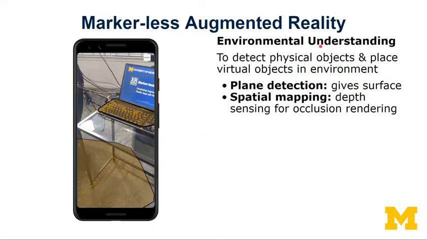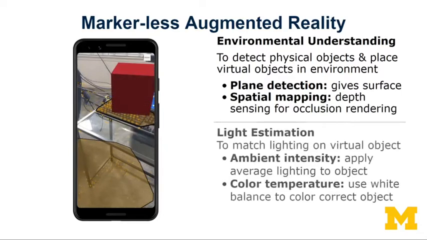We learned that environmental understanding is obviously also a multi-layered thing. So from simple surface, so planar surface or plane detection, to spatial mapping, so really reading the environment like a 3D point cloud with depth, and this can then be used for occlusion rendering. We've learned about that. We've also learned about light estimation.